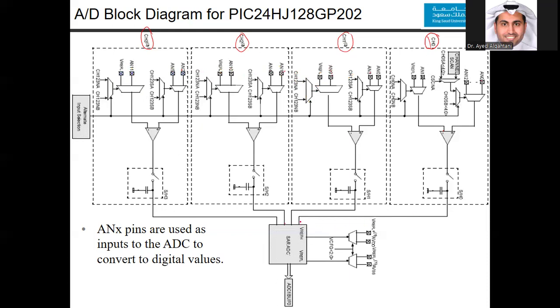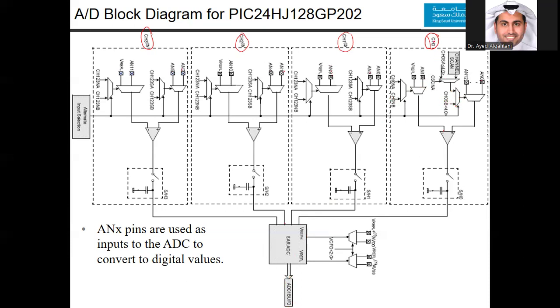Now, once you have the channel or the analog right there, the successive approximation works. And this is the critical part here. The result that you can access in the programming is actually in the ADC1 buffer 0. So whatever digital value is generated, you can read it here. You just give the voltage and make the choices properly. So there must be special function registers that help you with making these choices.